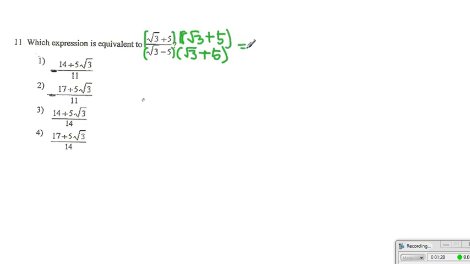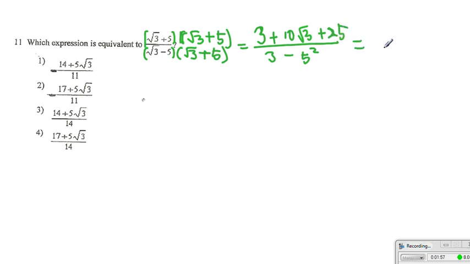By the difference of squares, the denominator becomes simply 3 minus 5 squared. Here we got 3 because radical 3 squared becomes 3 itself. In the top, radical 3 times radical 3 becomes simply 3, plus 10 radical 3 if you do the FOIL, and the last one becomes plus 25.